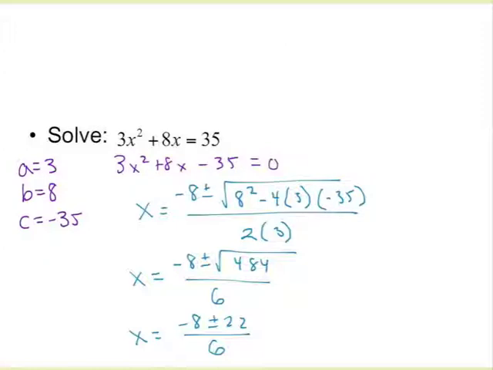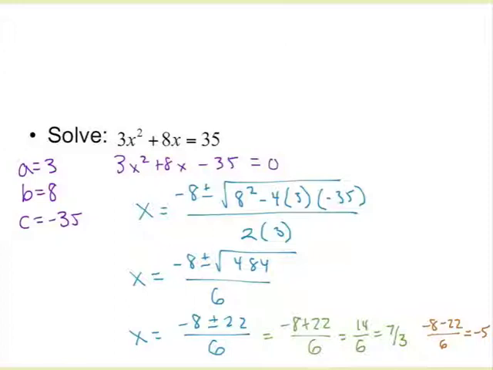So we want to actually do the two separate arithmetic problems that this says. It says negative 8 plus 22 divided by 6, which gives 14 over 6, or 7 over 3. And it says negative 8 minus 22 over 6, which is negative 5.